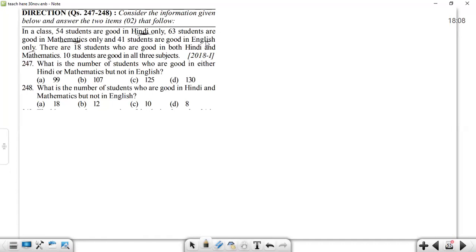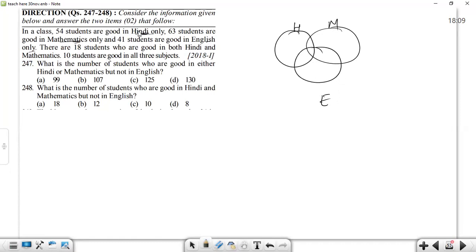So Hindi, maths, and English. And there are 18 students who are good in both Hindi and mathematics, 10 good in all three subjects. So there are three sets: Hindi, mathematics, and English.